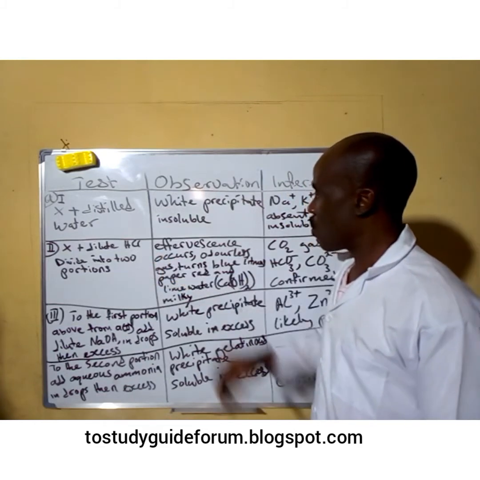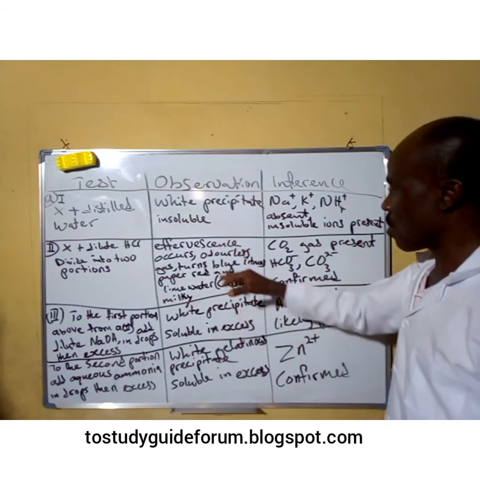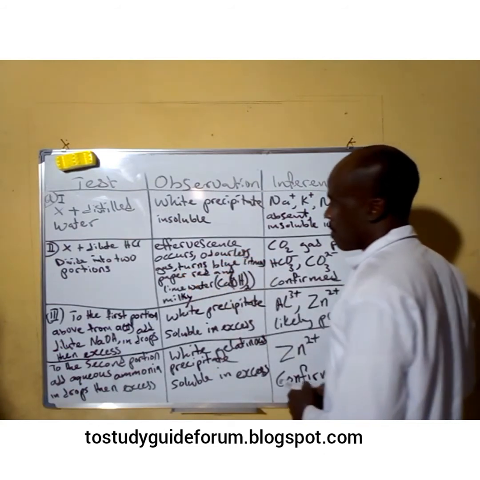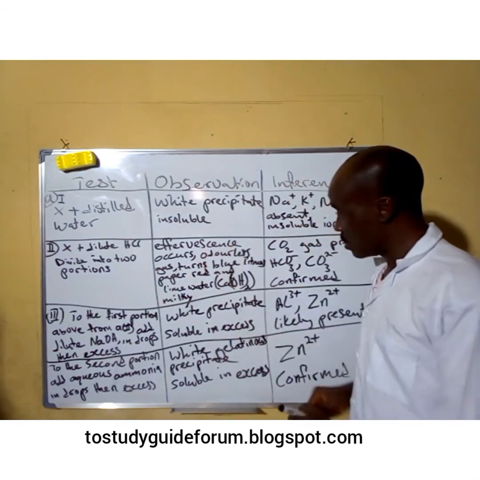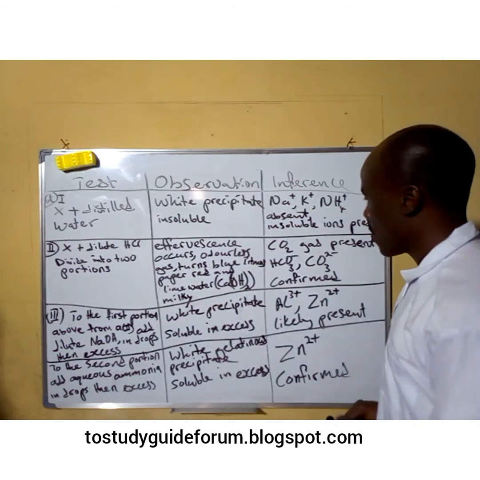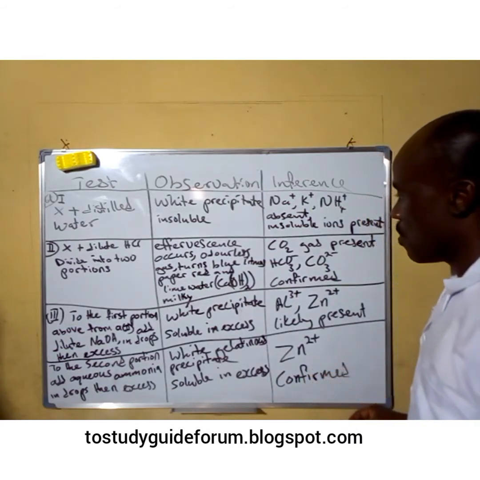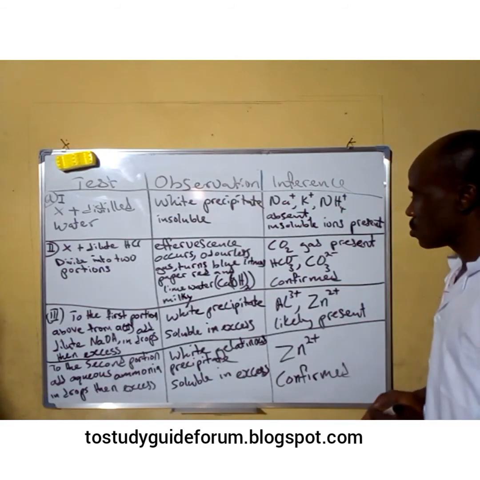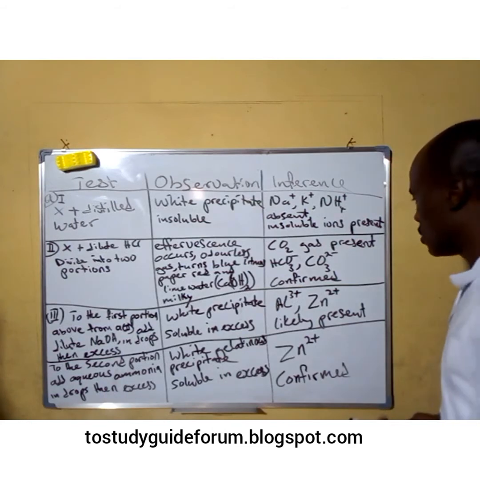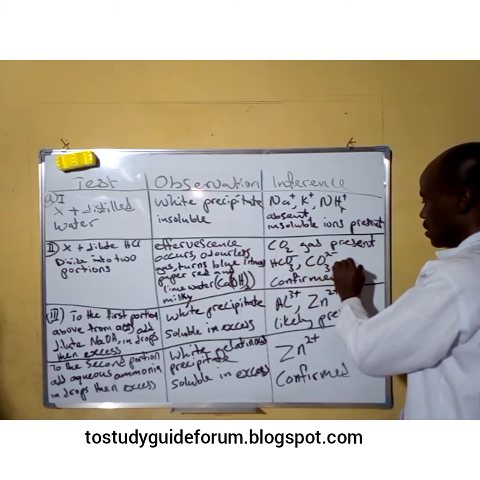Then what we notice there is effervescence, a colorless and odorless gas that came out, which turns lime water milky and also turns blue litmus paper red, meaning that the gas coming out is also acidic.